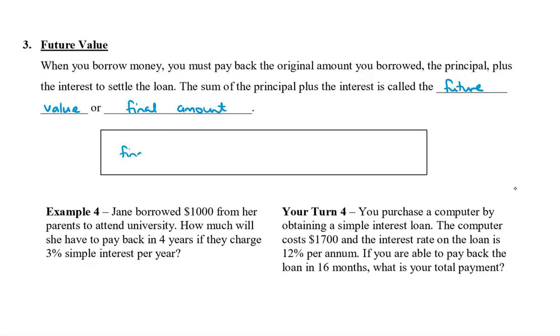So our final amount is equal to the principal plus our interest. So how much we originally borrowed plus the interest that is charged.